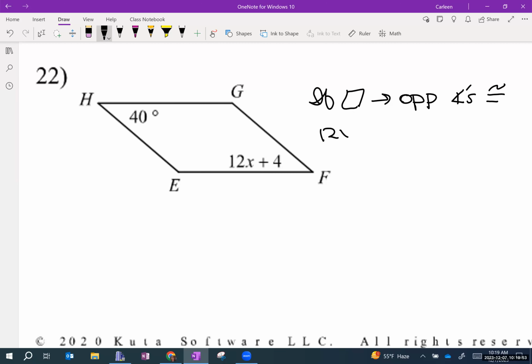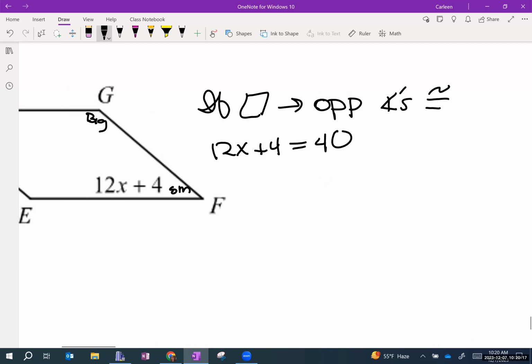Okay, so 12x plus 4 is equal to 40. And we can see a parallelogram has big angles and small angles. And look, noticing that is going to help you remember which ones are supplementary and which ones are congruent to each other. Okay, isolate your variable. 12x is equal to 36.